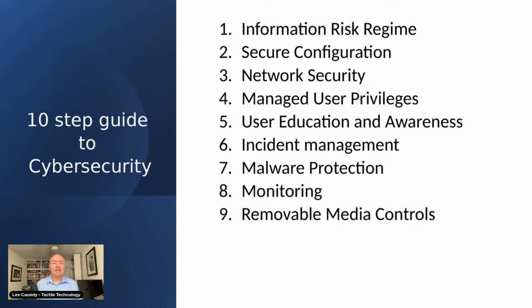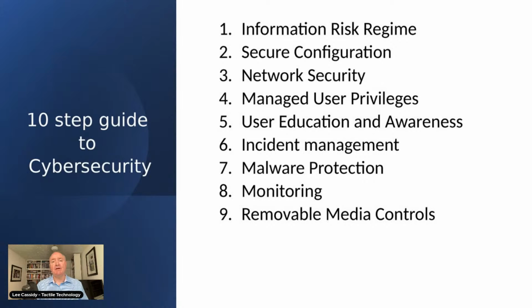Number 9 on the list is removable media controls. And this is quite important for restricting employees who may be disgruntled, you've given them their notice, and they want to effectively take all of your customer data because they want to set up on their own, or take information to a competitor. Whatever they're going to do, they're going to have to put it onto some kind of removable media to take it.